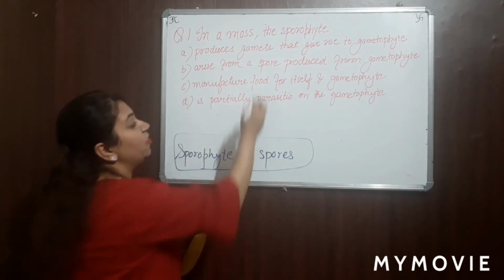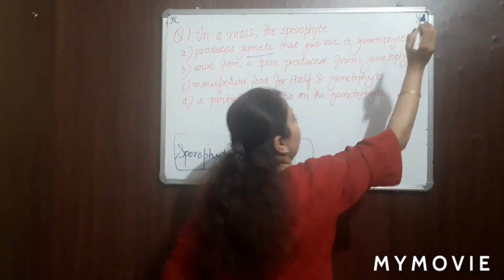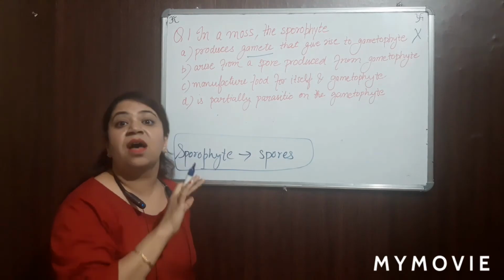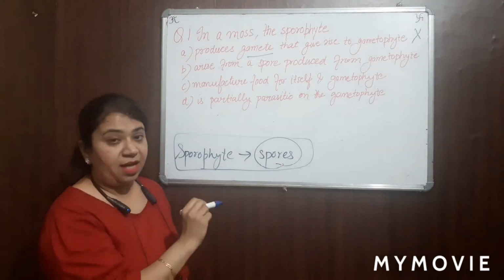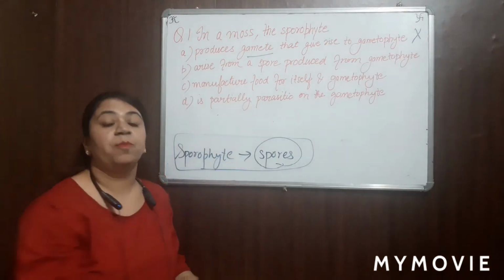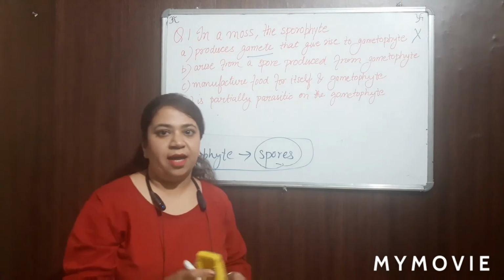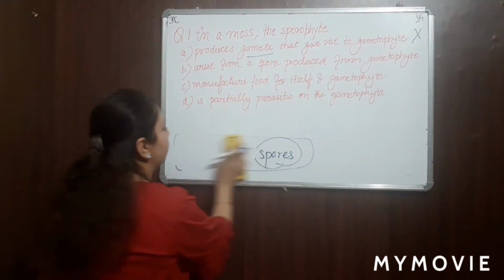Spores in spite of gamete. So this option is incorrect because gamete and spores are not the same thing. This is an agent of reproduction and this have to fuse with another gamete to give rise to a zygote, right?